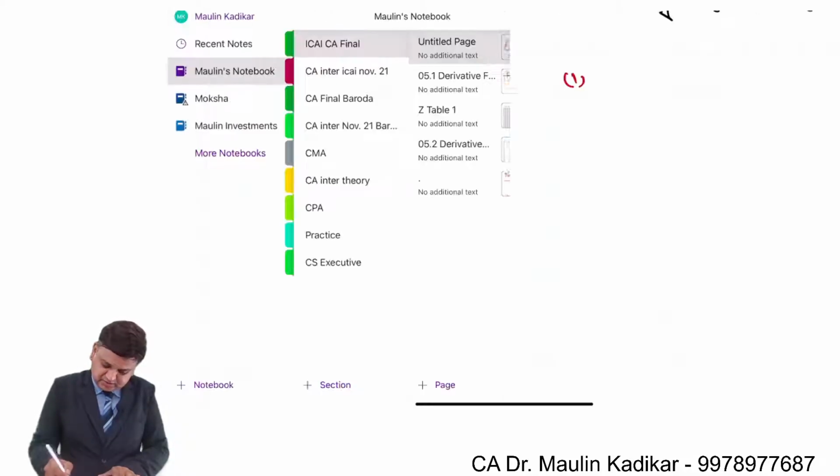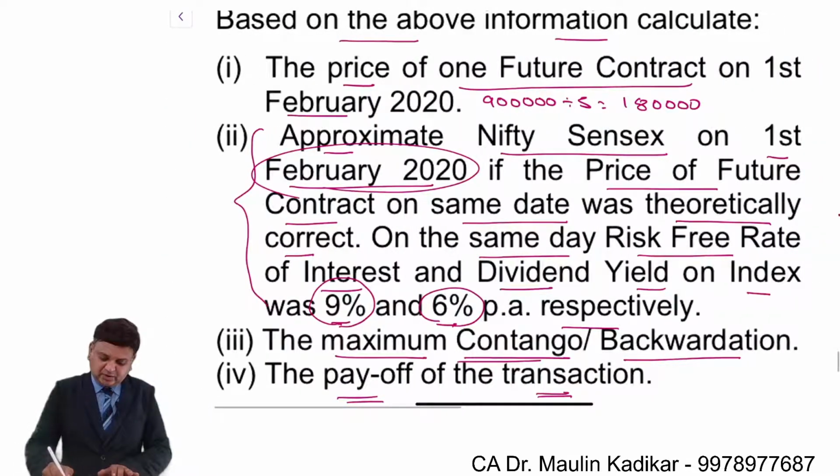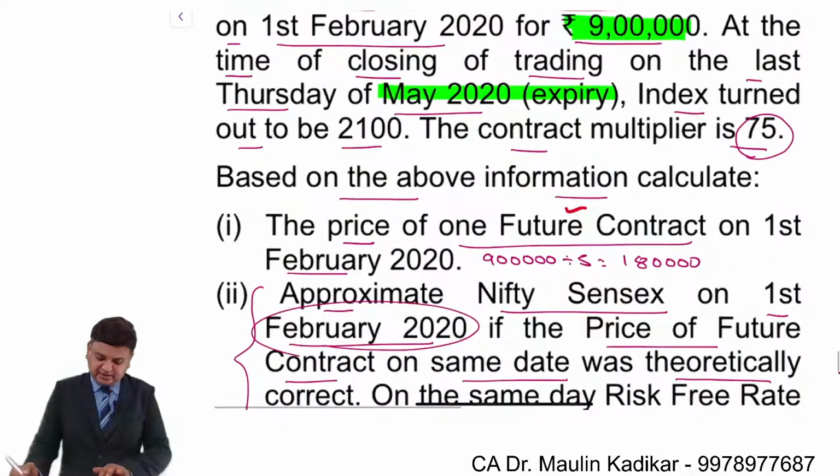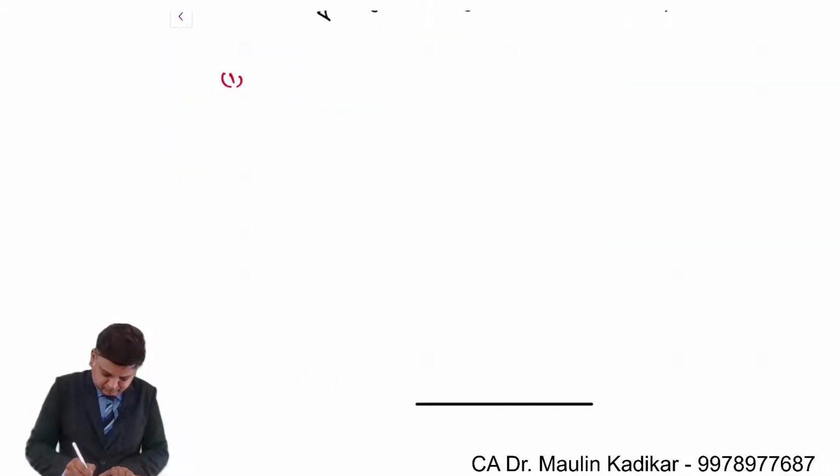Answer of the first question. The first question says that you are required to compute the price of one futures contract. Price of one futures contract.